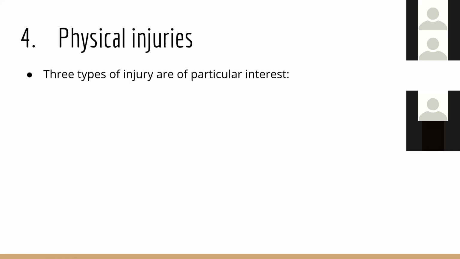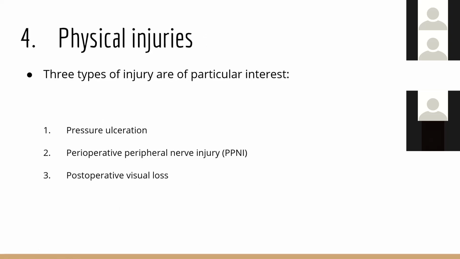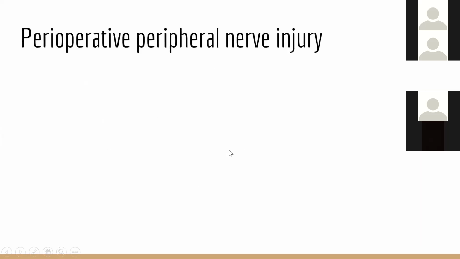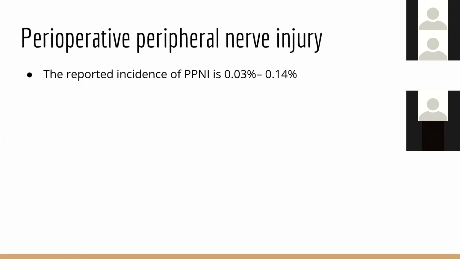The fourth point is physical injuries. Three types of injuries are of particular interest during positioning: pressure ulceration, peripheral nerve injury, and postoperative visual loss. We'll discuss only perioperative peripheral nerve injury here. The reported incidence of peripheral nerve injury is around 0.03% to 0.14%.